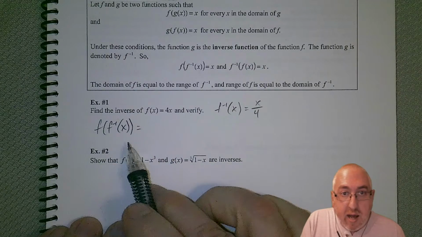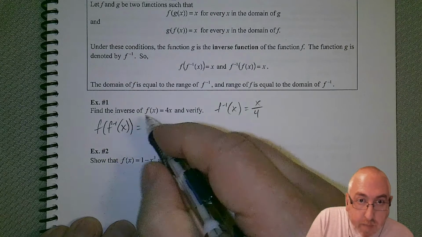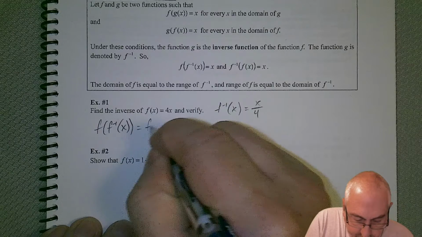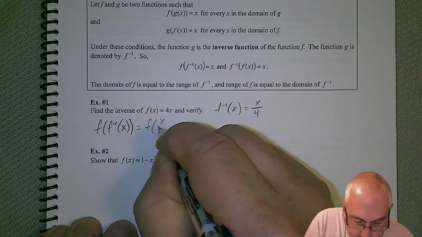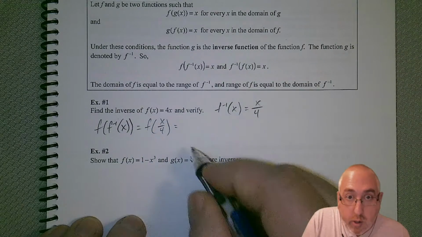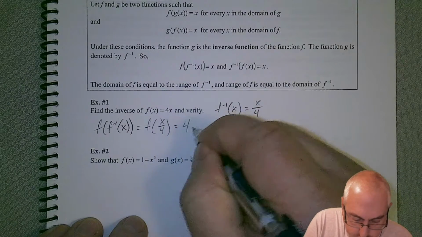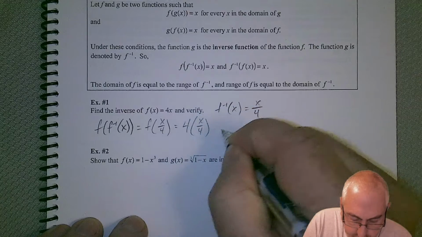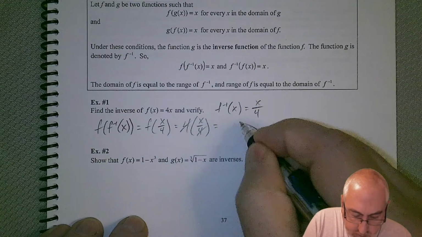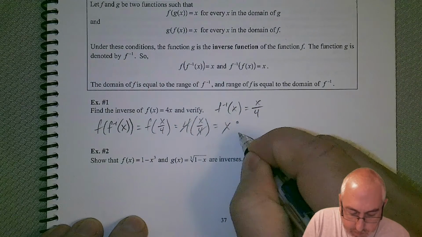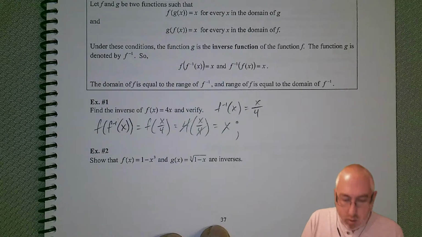So if we compose f with the inverse to start, we're going to replace that f inverse with x over 4. And now we're going to replace our x in our function f. And we can see the 4's cancel and we have x. All right, let's go the other direction.